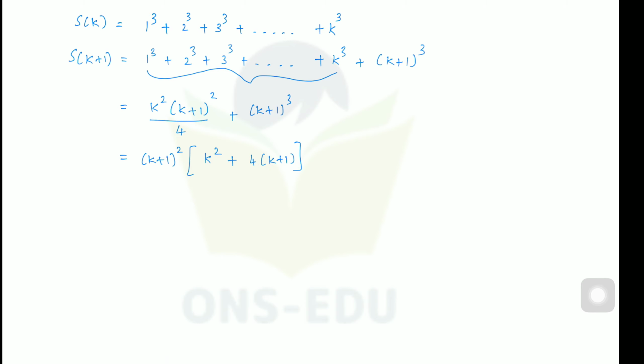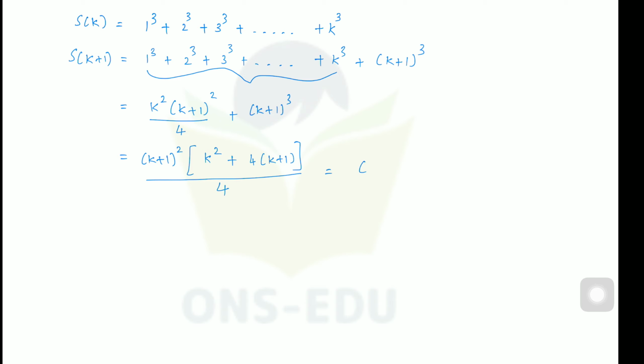We can take k plus 1 whole square as common and we get k square plus 4 times k plus 1, by 4.